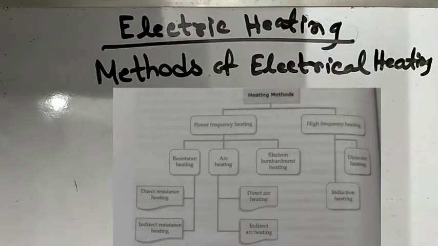First we divide electrical heating into power frequency heating and high frequency heating. Next, power frequency heating is divided into resistance heating, arc heating and electron bombardment heating. Resistance heating is further divided into direct resistance heating and indirect resistance heating.